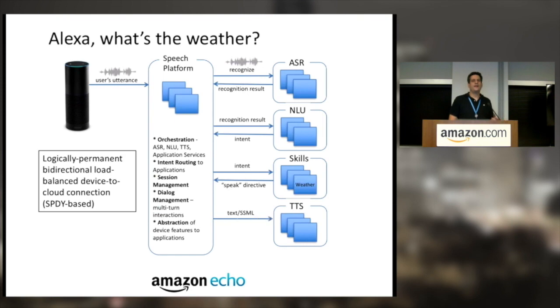The text will be sent to the text-to-speech engine, TTS, that will return a voice. To the text-to-speech, we send something called SSML, which contains not only the text, but also metadata about the text.